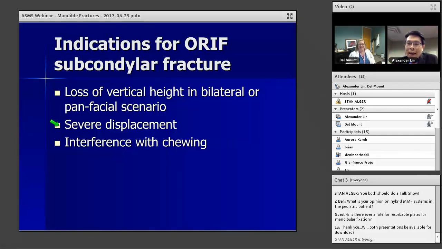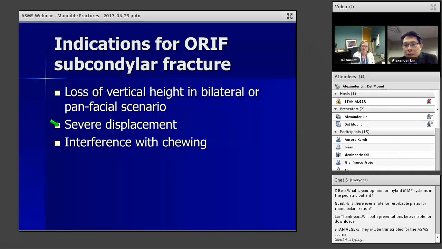And they both show good results. They're retrospective studies. I think both were using very thick Biomet resorbable plates. I have not tried it either. It just doesn't seem strong enough for what the mandible needs to do, and it doesn't seem worth the risk.